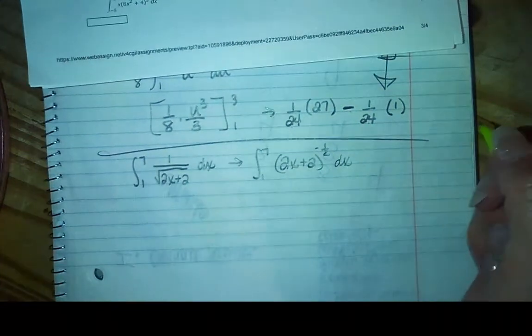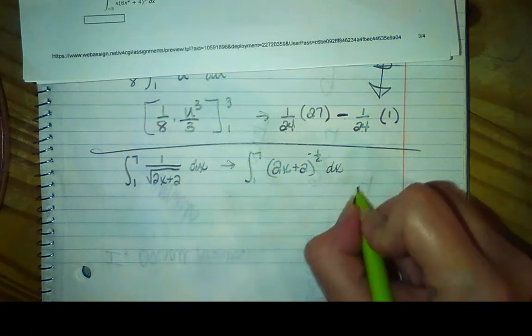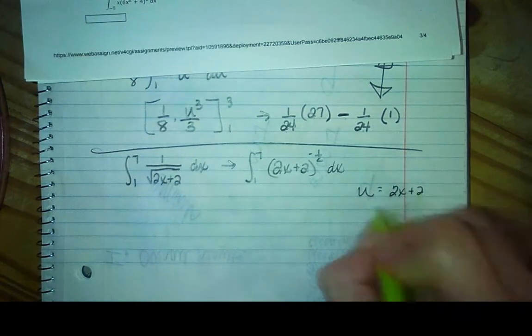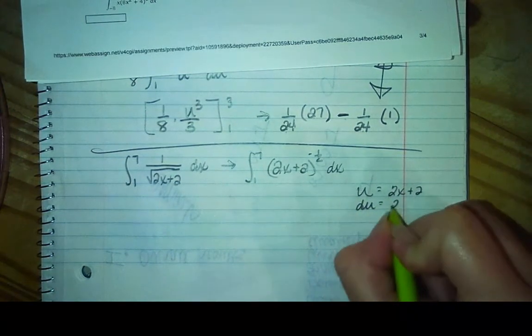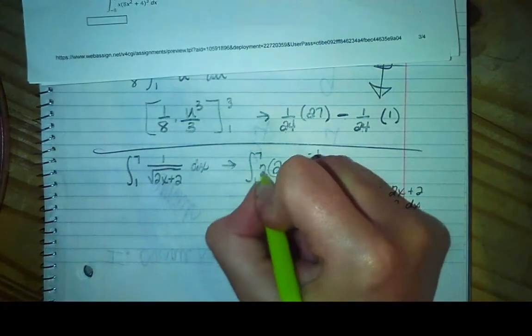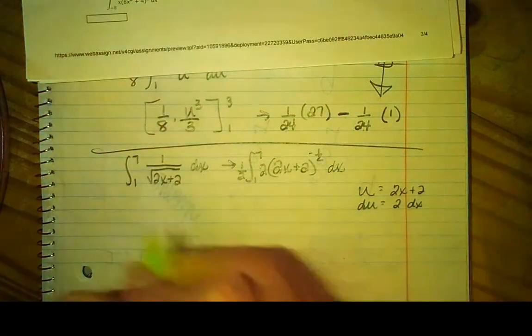So as long as I'm converting everything to u's, I'm going to convert my limits of integration to u's. So first of all, what's on the inside? 2x plus 2, which makes my du a 2 dx. So I'm missing a 2. So I'm going to balance with a 1/2.